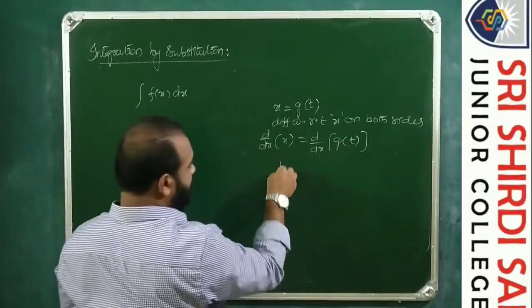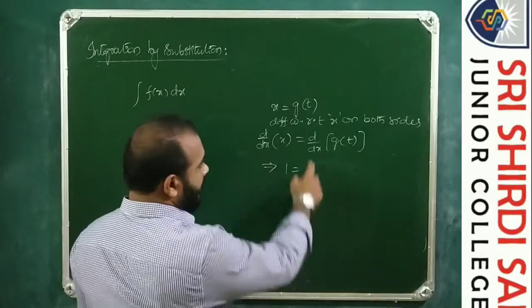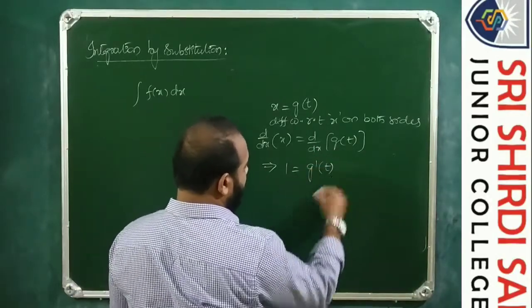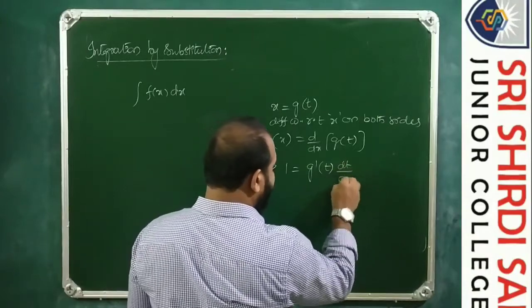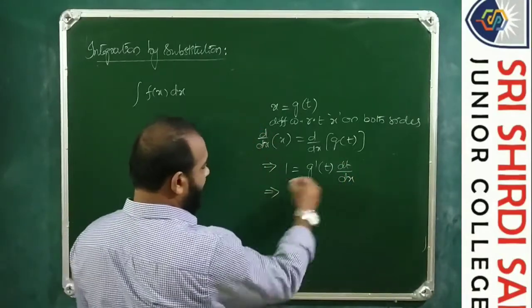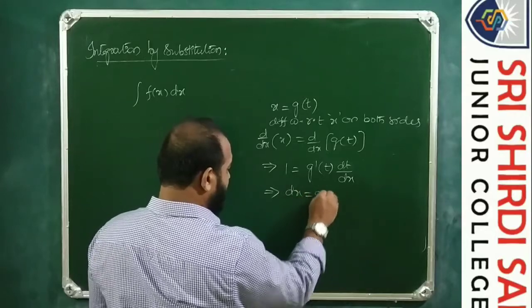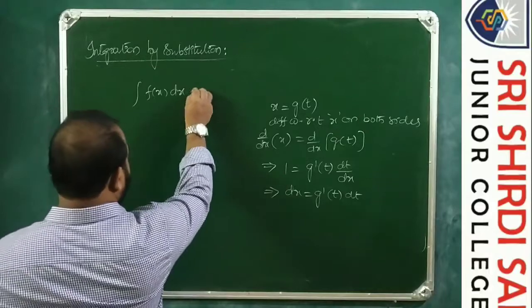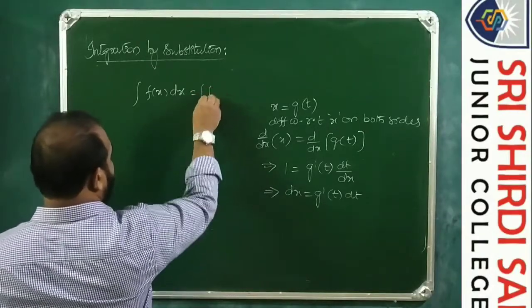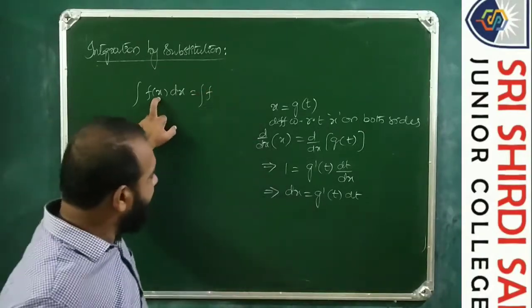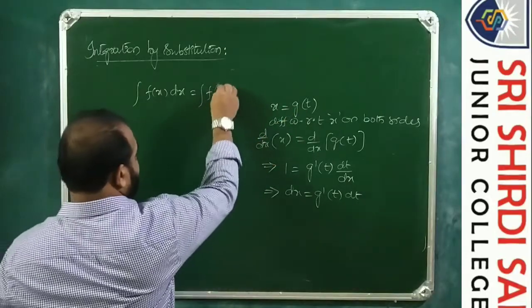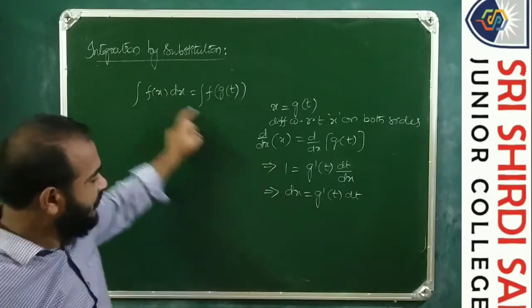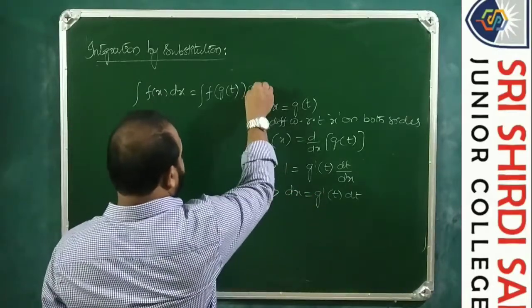So d by dx of x is 1, which is equals to d by dx of g of t, which is g dash t into dt by dx. So this gives dx is equals to g dash t dt. So the integral f of x, with x equals g of t and dx equals g dash t dt.